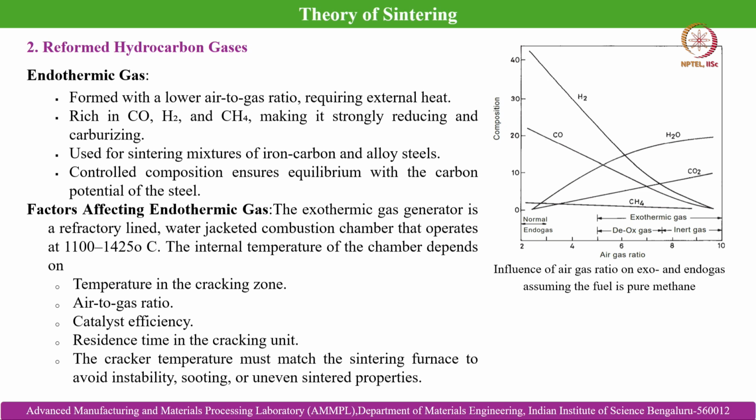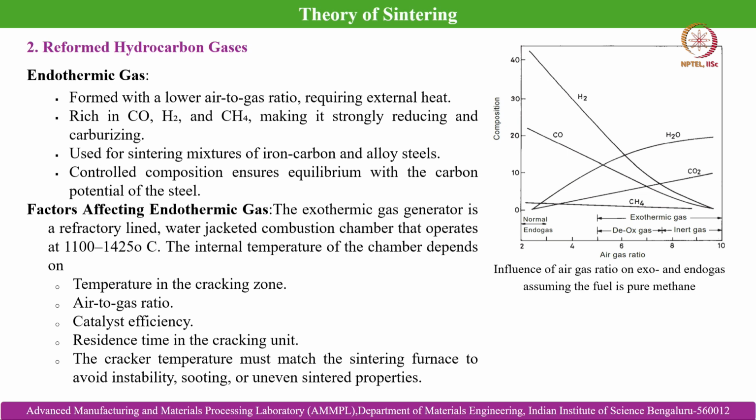So, when we need a carburizing environment, when we are also expected to do surface carburization of the part being developed via the sintering route, then we can of course go for endothermic gas mixtures as the sintering environment. The controlled composition ensures equilibrium with the carbon potential of the steel.